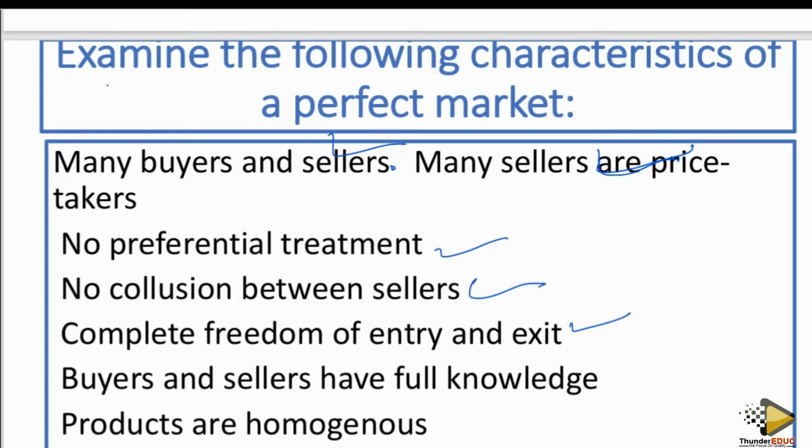Also, buyers and sellers have full information. What does it mean? It means that under this particular type of market, if consumers go on the ground to inquire about any information pertaining to the products being sold on the market, the information is given to them freely.